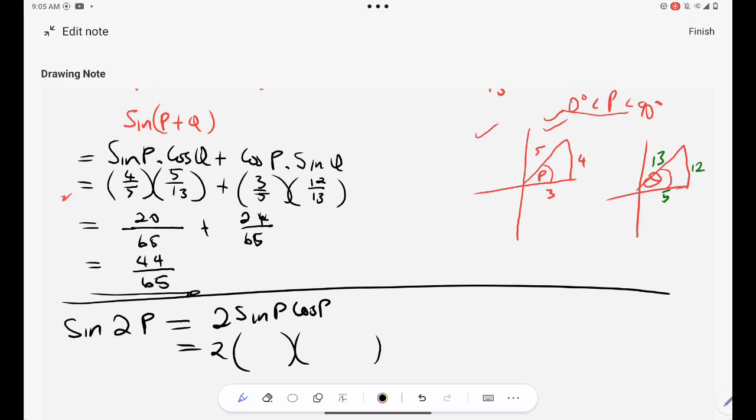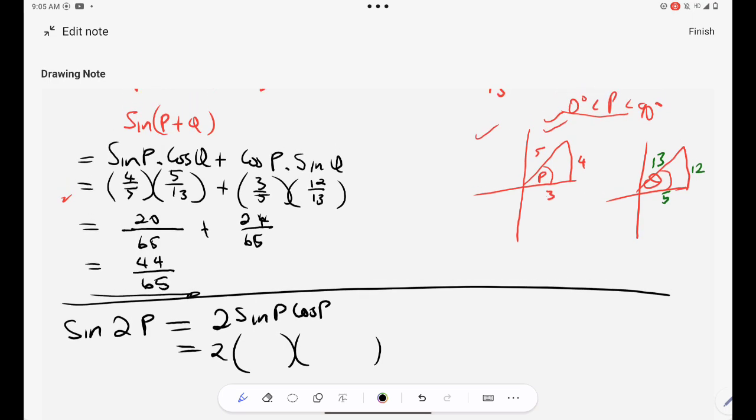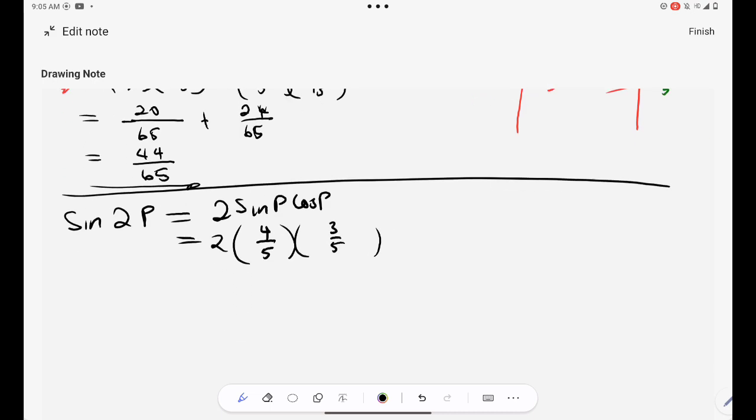Sine p, I go to the right angle with angle p. Sine p is 5 over 3. Ha. No, sine p is 4 over 5. Then cos p is 3 over 5. This thing will give me 12, this is 24 over 25.